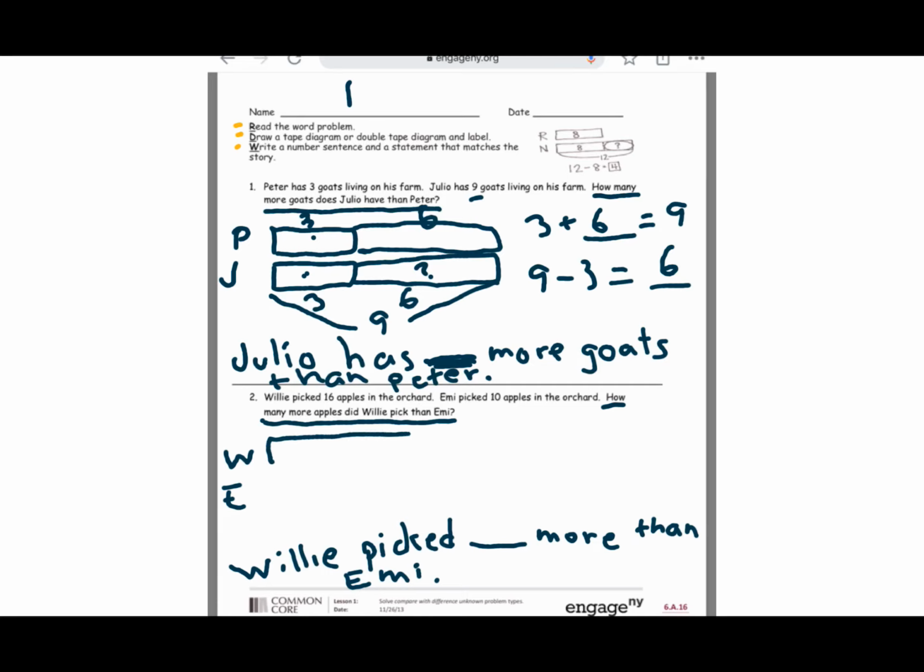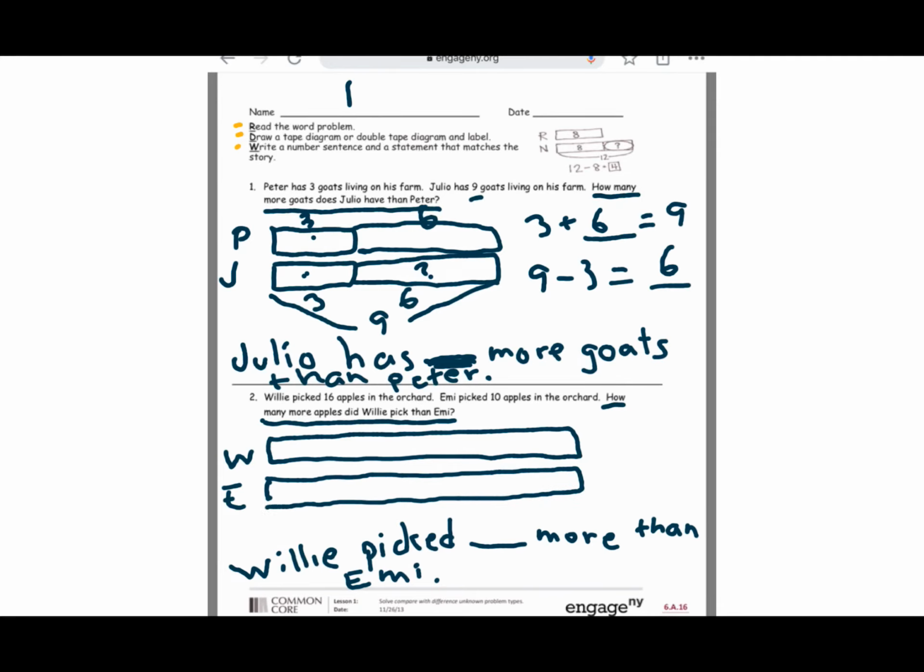So I'm going to make a long tape. Now remember, if I make a long tape for Willie, I'm going to make a long tape for Emmy as well. This is what you could call a double tape diagram. And I know that Willie picked 16 apples.